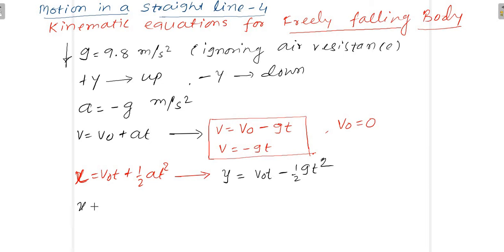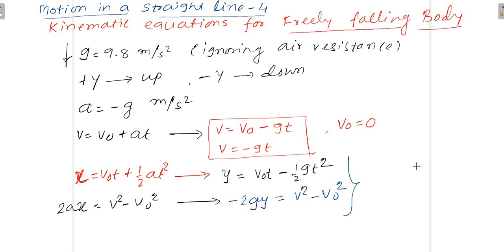Similarly, we have 2ax is equal to v square minus v0 square. The similar expression for a freely falling body is v square minus v0 square is equal to minus 2gy, with a equal to minus g. These are the other equations.